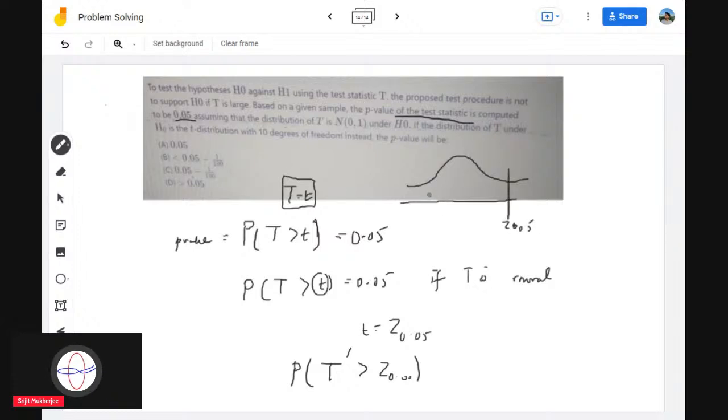The t distribution has more tail probability. So this is normal, and t will be like this.